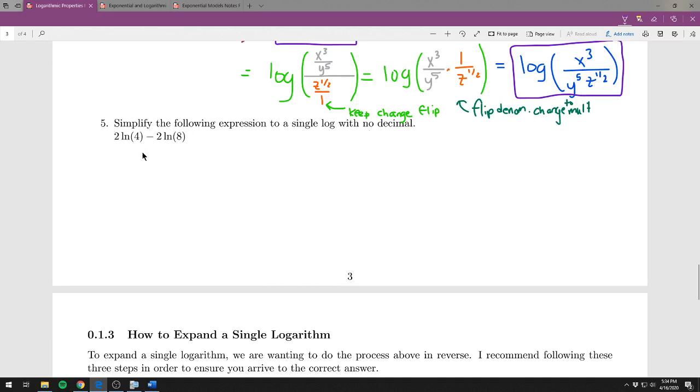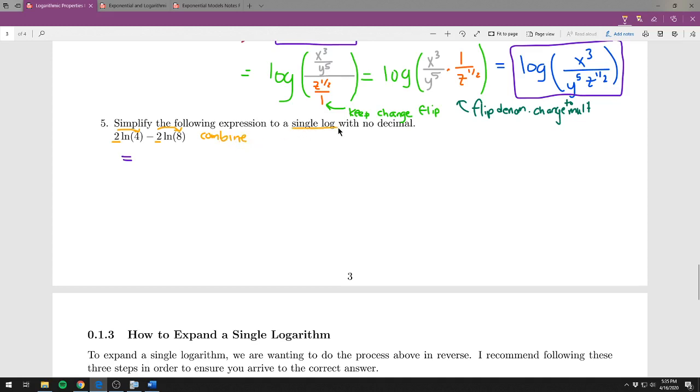All right. So it's pretty much saying the same thing as before, except I don't want you to type this in your calculator. You'll notice these are both numbers. If you do 2 times natural log of 4 minus 2 times natural log of 8, your calculator will give you a number, but we want to combine them. And first thing to do, if we want to combine, is to move the coefficients as exponents.